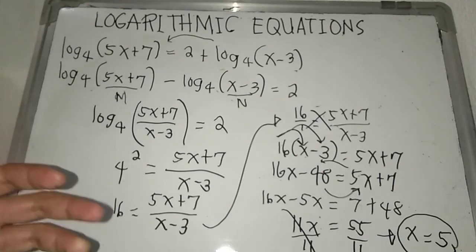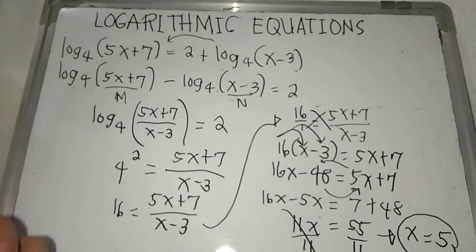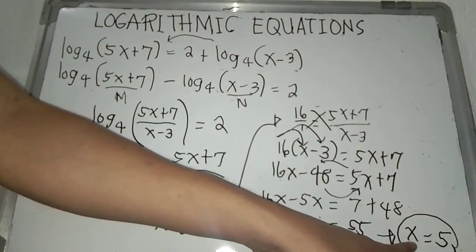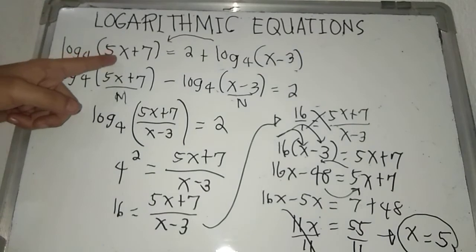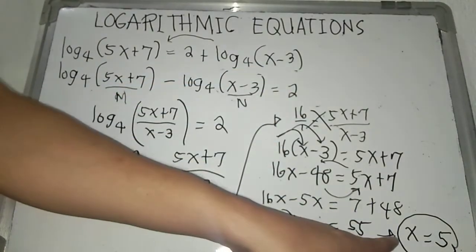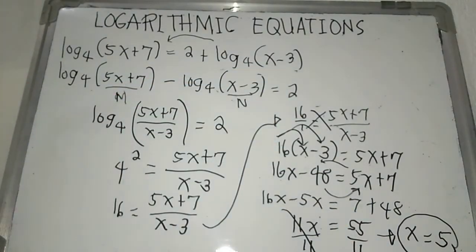Now, exclude from the solution any logarithm of a negative number. Such a value is called an extraneous solution. So if you substitute x equals 5 to every x variable, and the value inside is negative, then do not accept that answer because that is an extraneous solution.